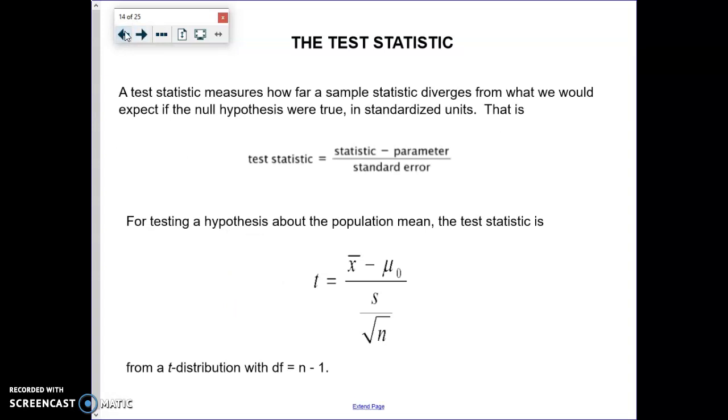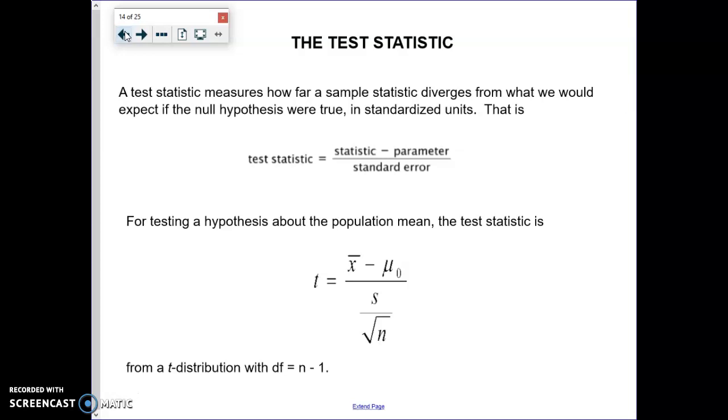So, if we are going to use a t-distribution for a hypothesis test, then we have to look at something called the test statistic. The test statistic measures how far the sample statistic diverges or is away from what we expect if the null hypothesis is true. In essence, it's basically a z-score on a t-distribution.